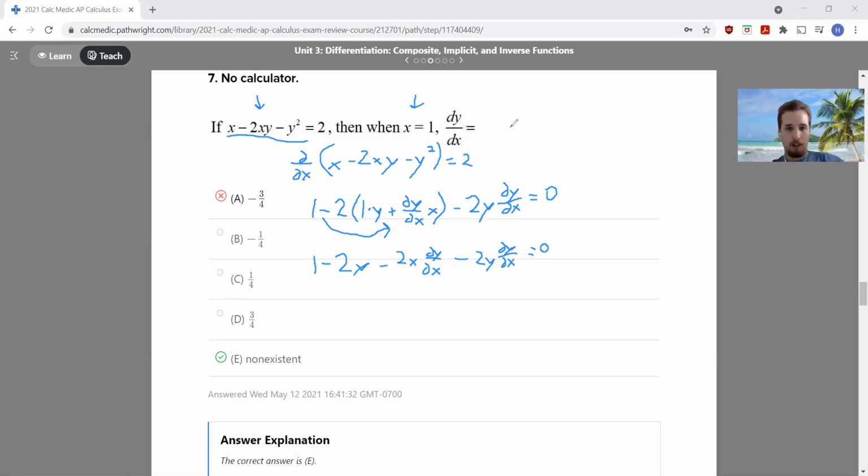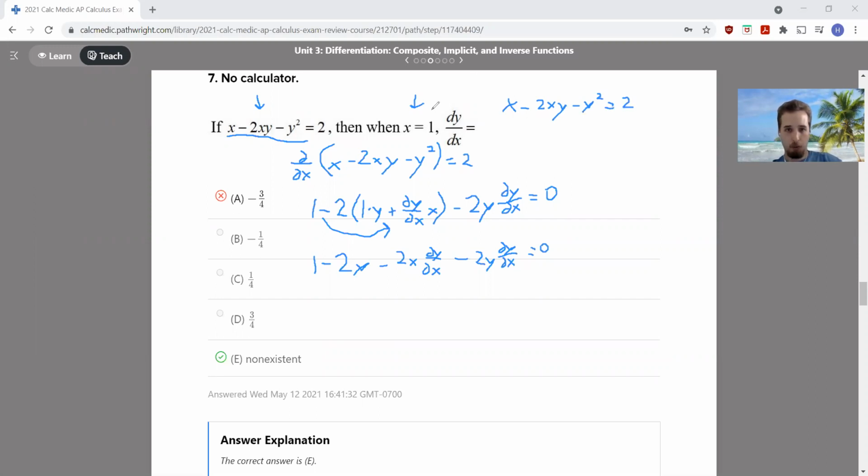So if we have x minus 2xy, oh my gosh, I can't write at all. Okay, x minus 2xy minus y squared equals 2.